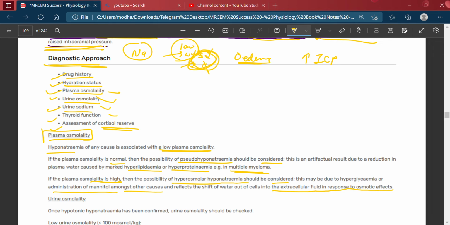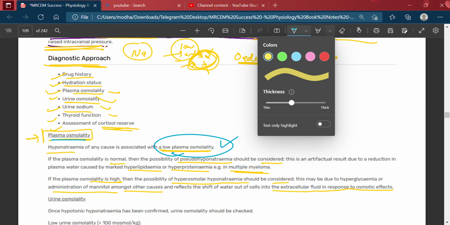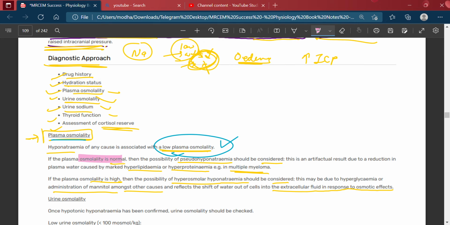So what we have seen in the plasma osmolality is that hyponatremia of any cause normally has low plasma osmolality. But if the plasma osmolality is normal, then this may be due to pseudohyponatremia, which may be seen in hyperlipidemia and hyperproteinemia, as in multiple myeloma.